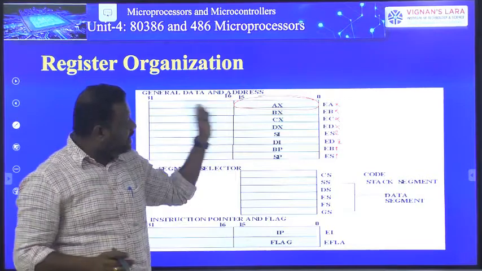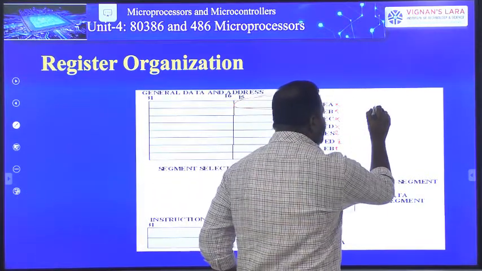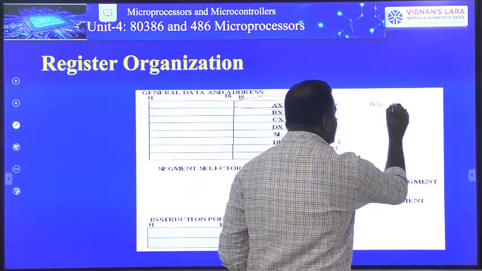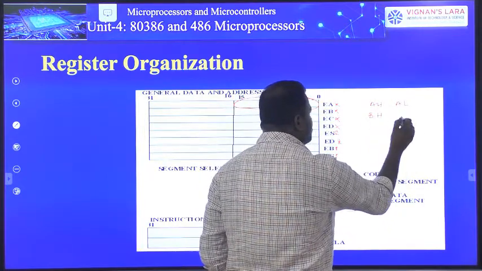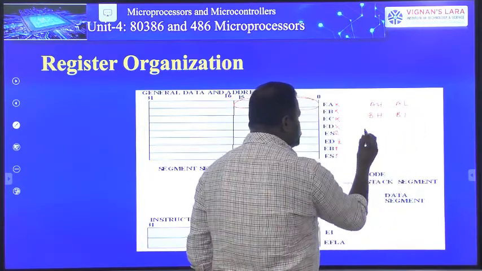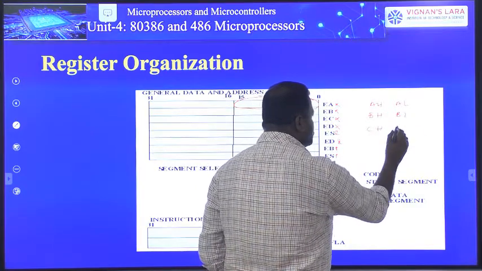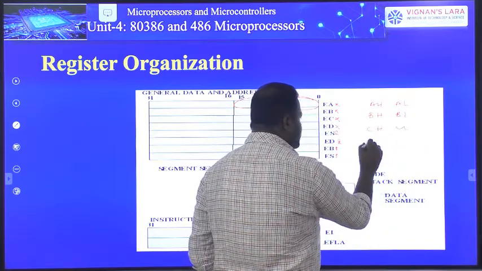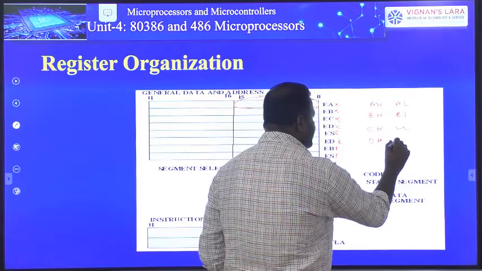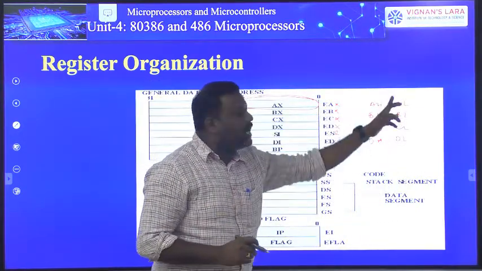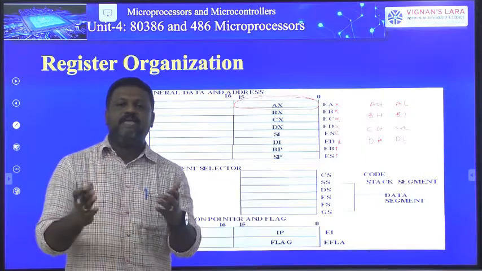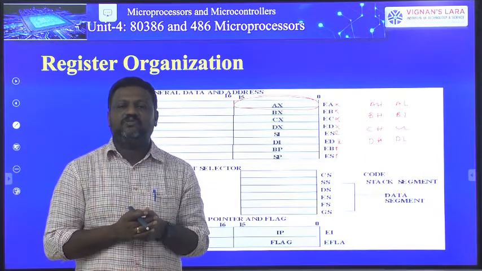That means I may get AH, AL, BH, BL, CH, CL, DH and DL. These 8 are 8-bit registers I can get in this 80386.